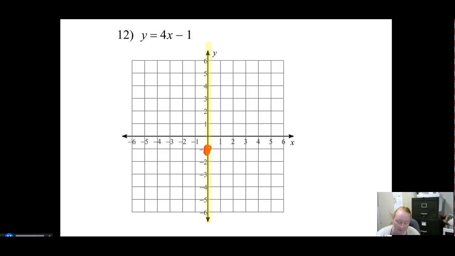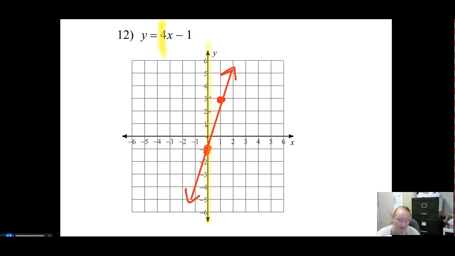I then move up 4 over 1. Lots of people put the point here and then connect these dots. There is a secret 1 there. You must go over 1. I connect my line. I draw my arrows.